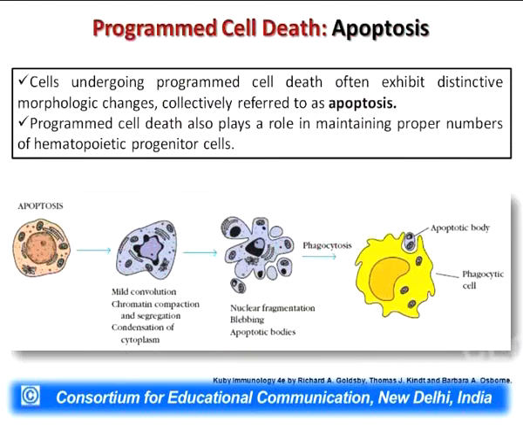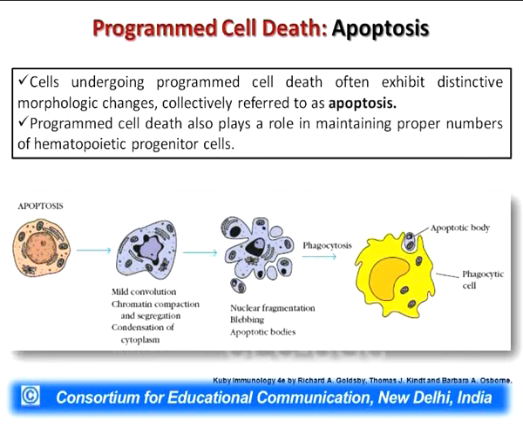Now, what exactly is the programmed cell death process? It is broadly called apoptosis because there are distinct morphological changes which occur on the cell surface or within the cell. Suppose a cell, shown here on the left-hand panel, has to go into the programmed cell death or apoptosis process.